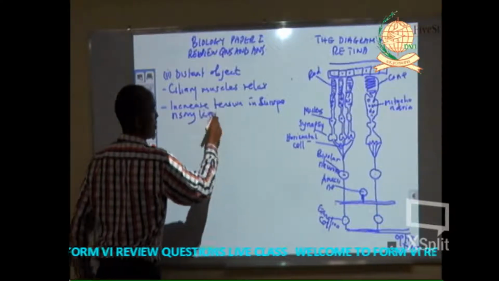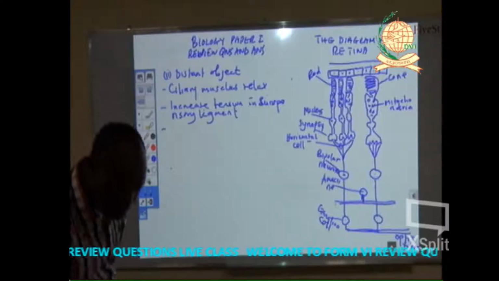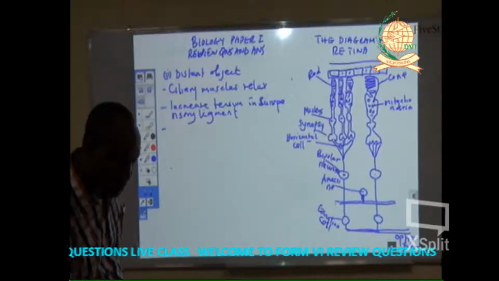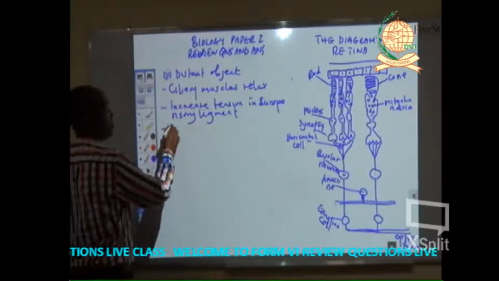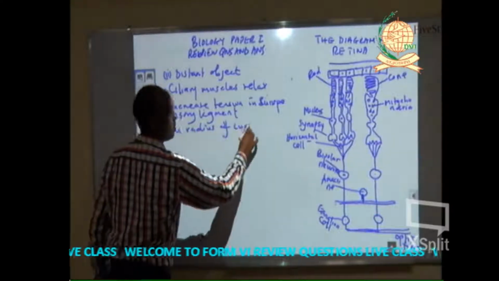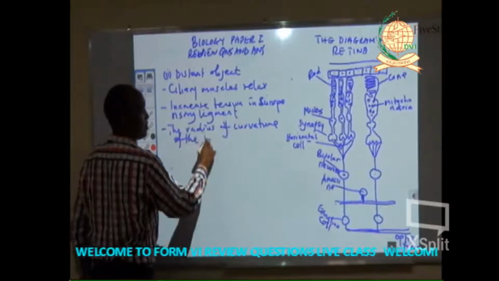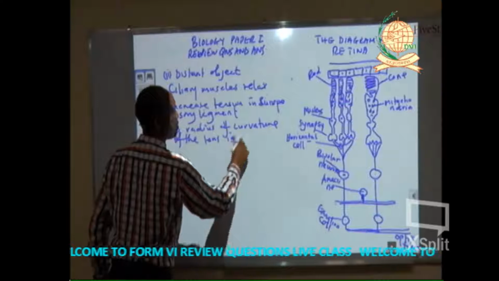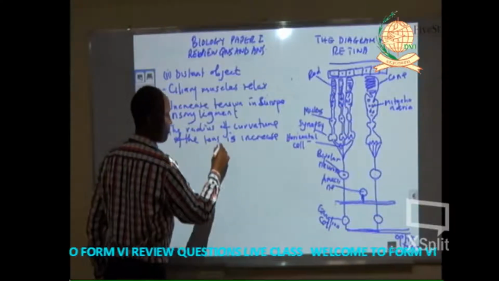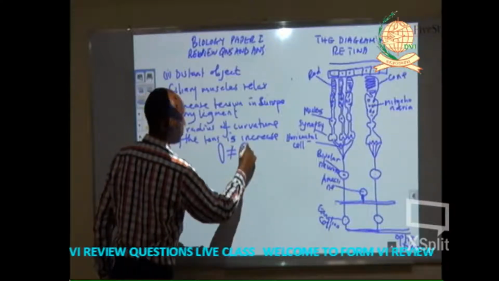If the tension is increased in the suspensory ligament, the radius of curvature of the lens is increased. That is, the lens becomes thin like this, not like this bulging one.